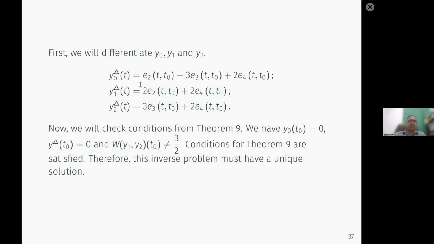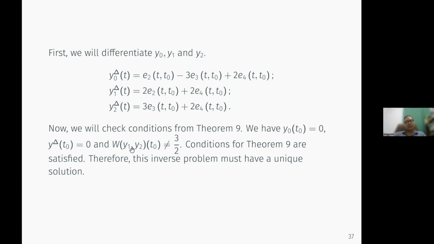So first we want to determine p1 and p2, and so we differentiate y0, y1, y2, and the delta derivatives are given by this for y0, y1 and y2. Now we can check the conditions of the theorem. y0 at t0, one can check, is actually 0, and y0 delta at t0 is also 0.